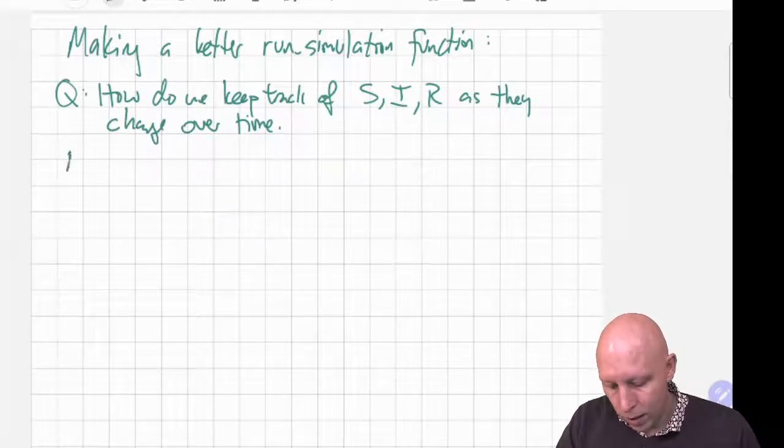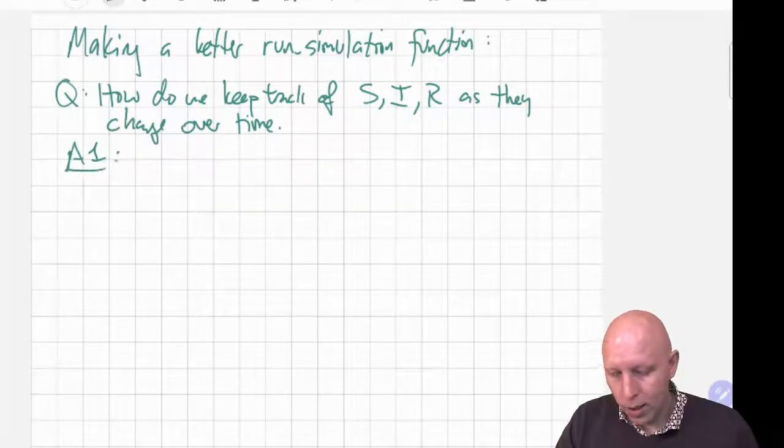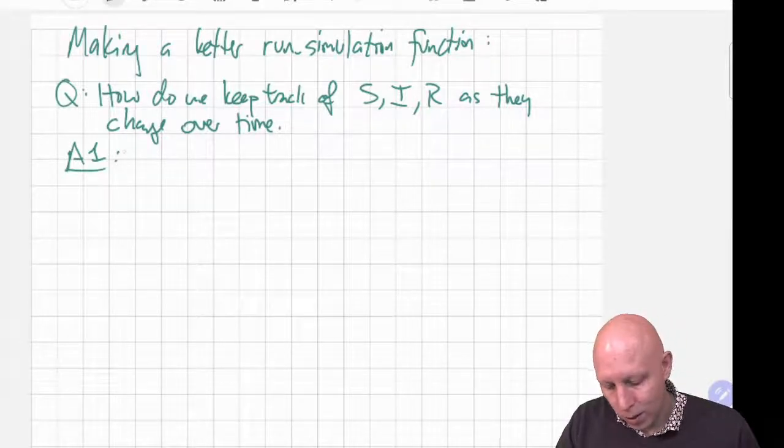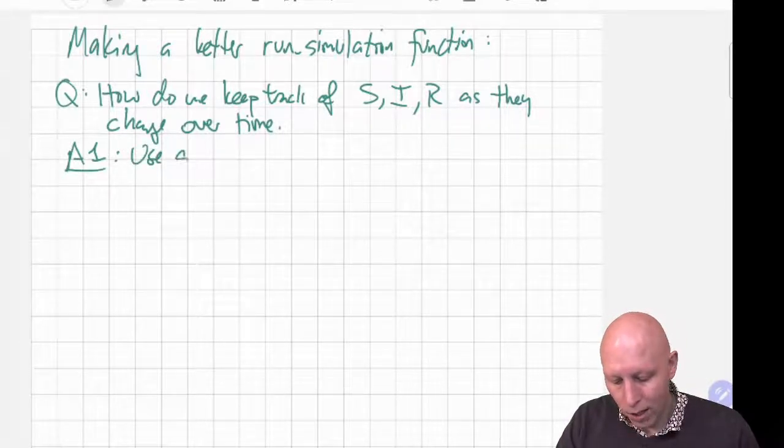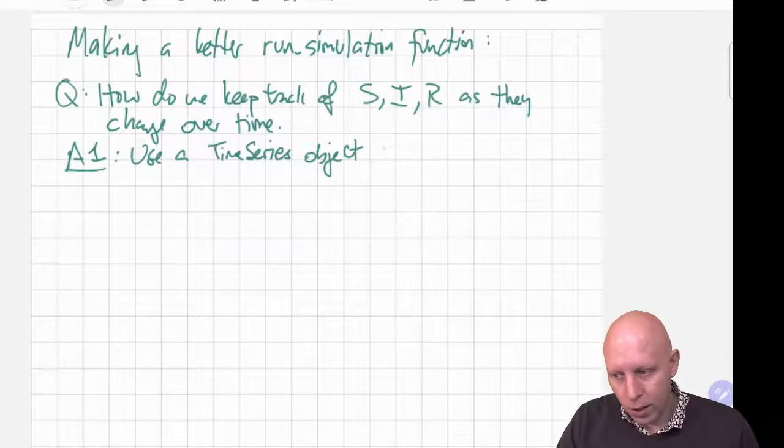All right, so answer 1 is that we know we can use a time series object to keep track of one population over time.